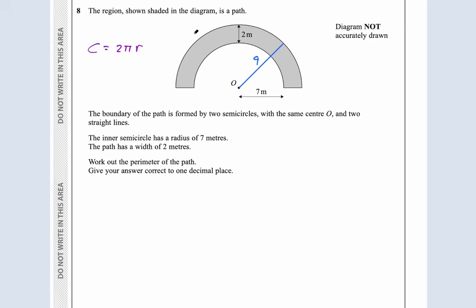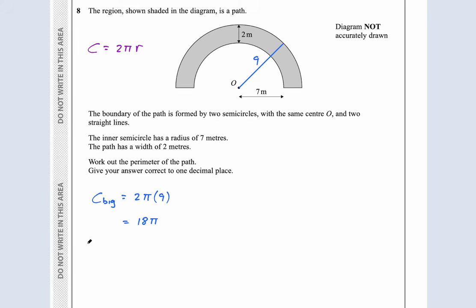So let's call this the outer circumference. Let's call it the circumference big, for the big circumference. That's this outside one. Big circumference is equal to 2 times pi times the radius, which is 9 because of this 9, which is 18 pi. I'll leave it in this form.